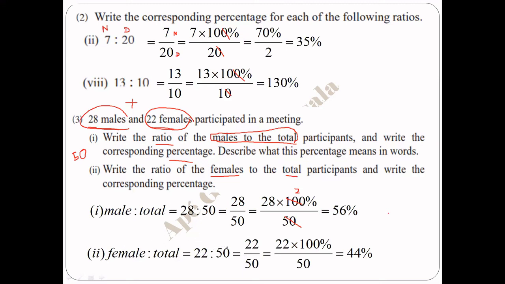So 22 to 50. 22 is the numerator, 50 is the denominator. Now this is a fraction. A fraction can be converted into a percentage by multiplying by 100%. So 22, 2 50s are 100. So 22 into 2, 44, 44%.